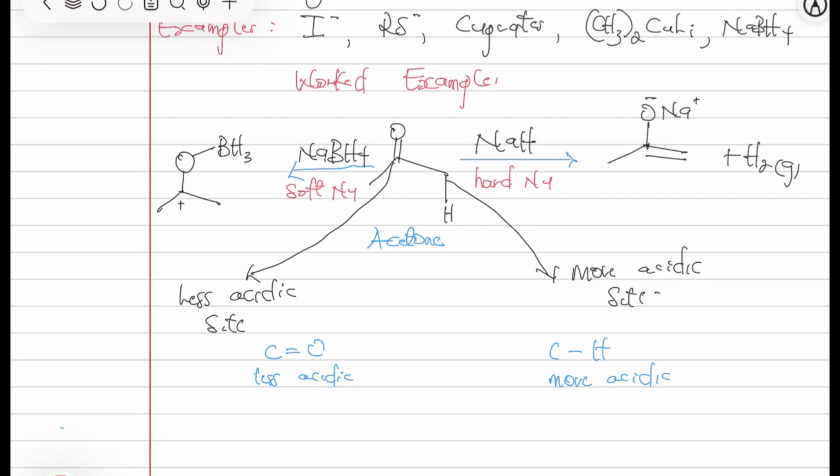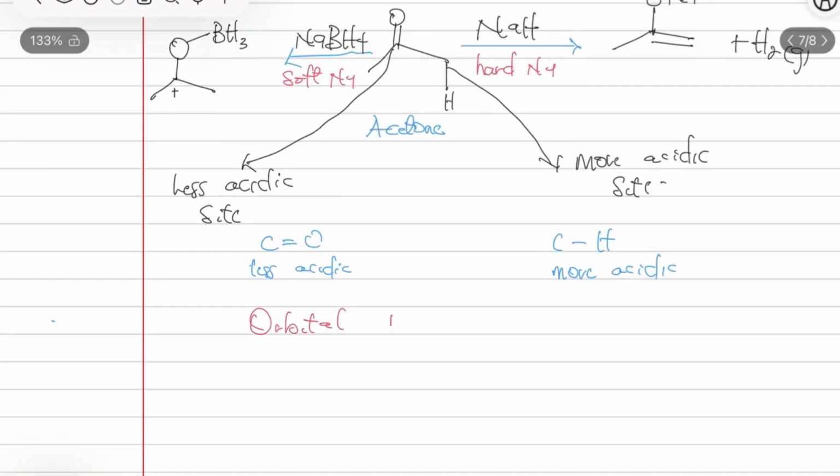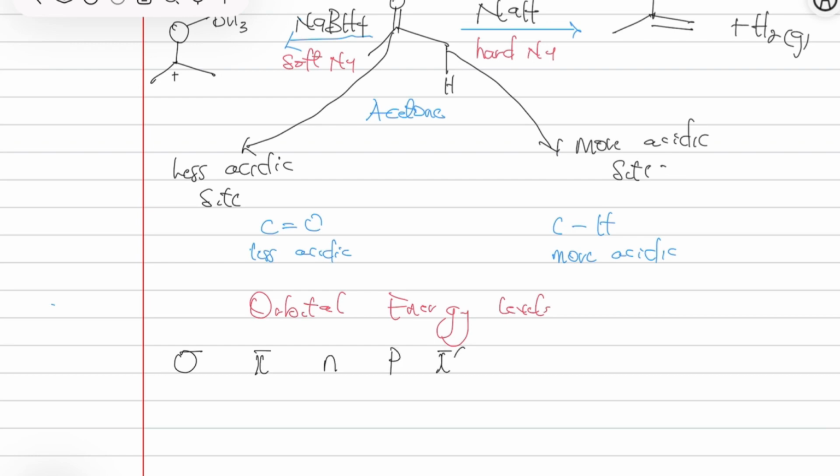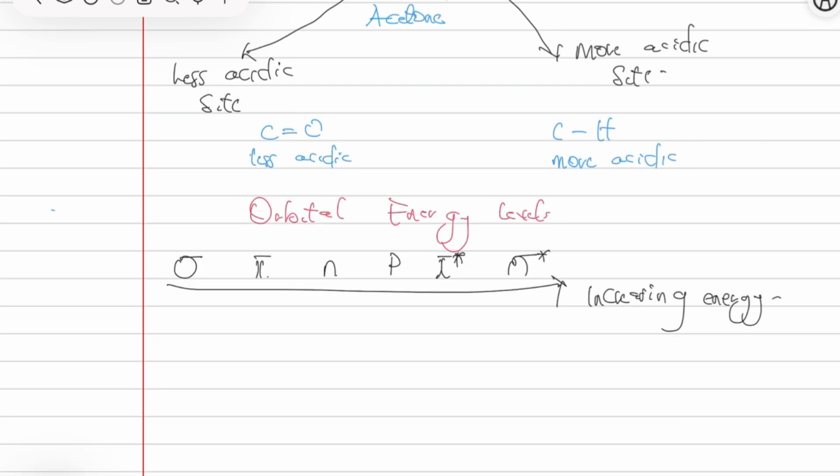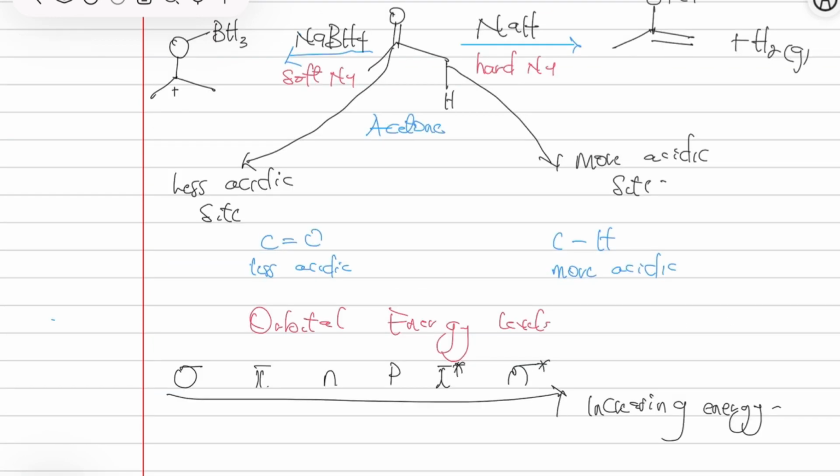From there, we can explain why the CO double bond is considered the less acidic site. This is the order of energy level in increasing order. Here we note the increase in energy level. This is pi, this is pi star, and this is sigma star.